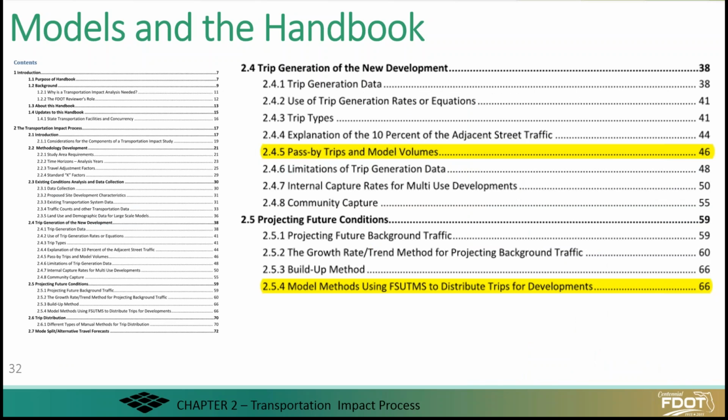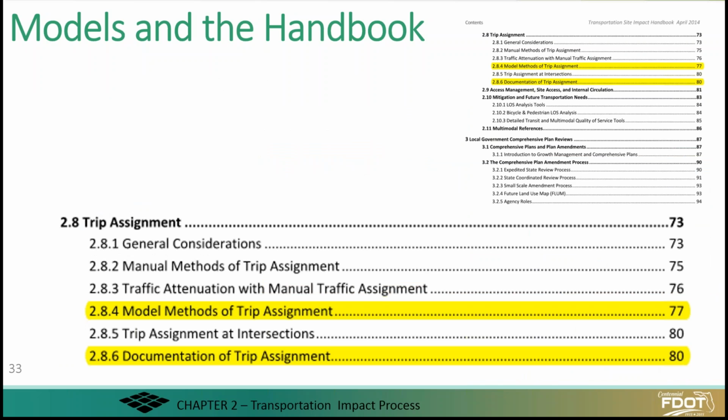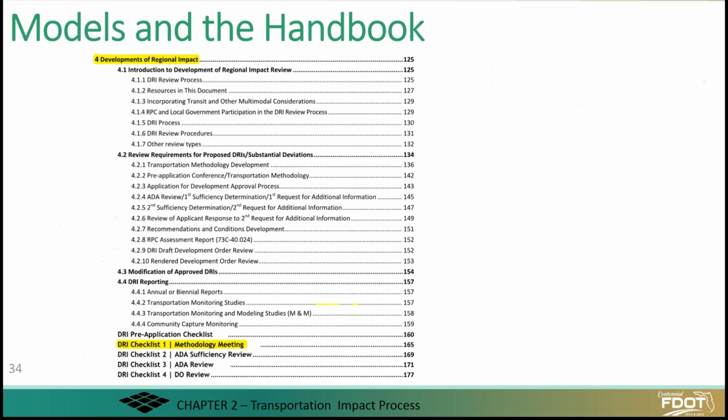So when you have access to the handbook, you can go specifically to those locations and get a more detailed treatment on appropriate model applications for site impact, the same information which we're covering today. It's also covered under 2.8 for trip assignment. If you notice, in each of these sections, manual methods are also discussed along with the models themselves.